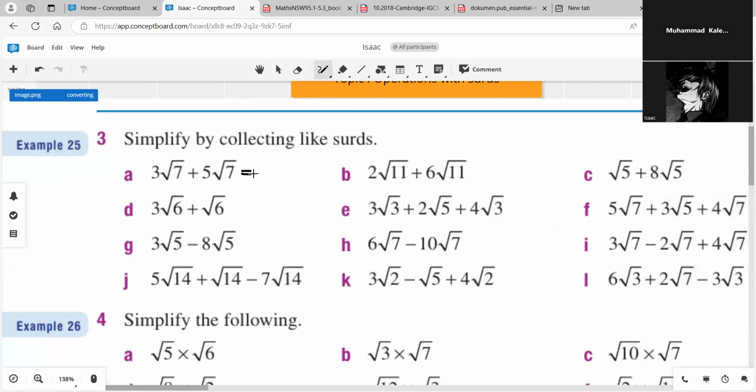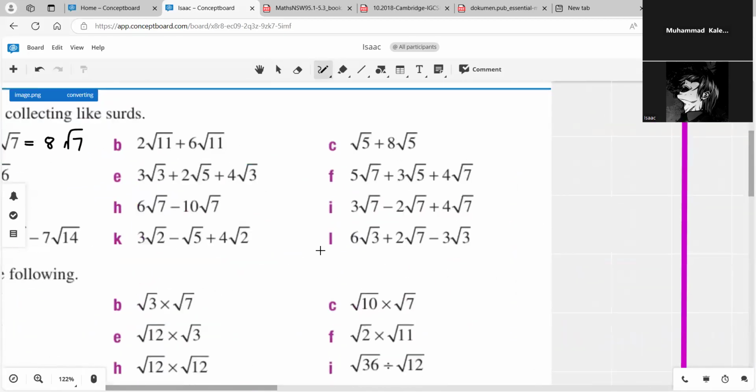The answer for this one will be 8 root 7, right? Can you please solve one for me, the last part, on your notebook and just let me know what the answer is. So the answer is 5 root 3.